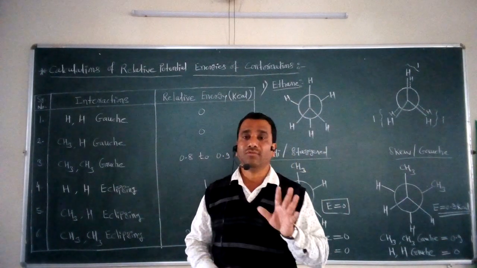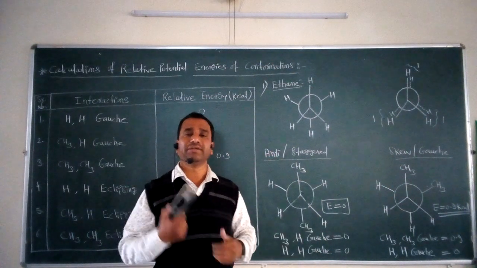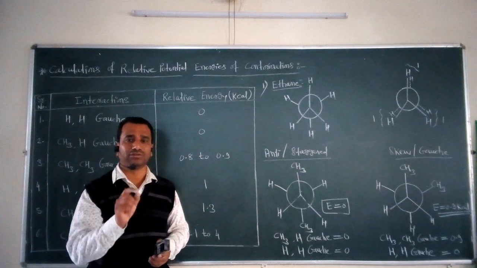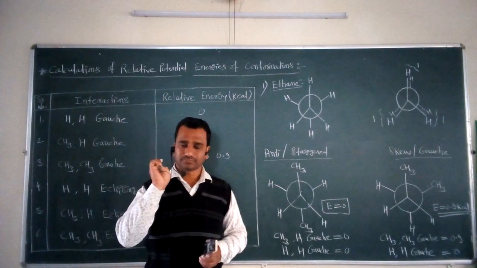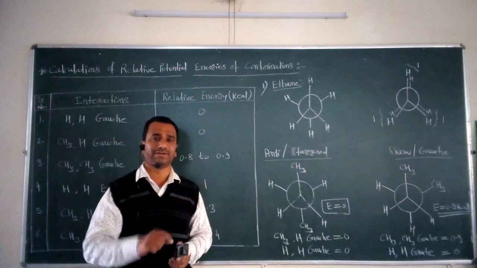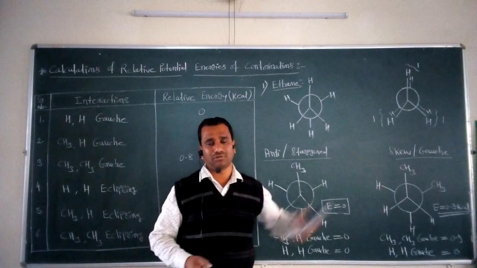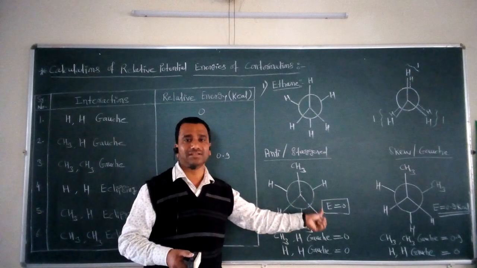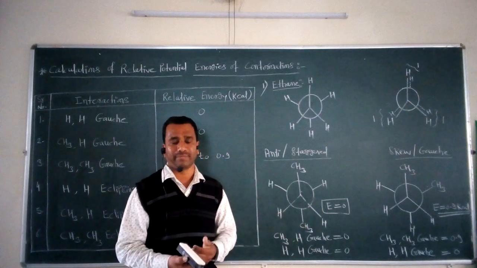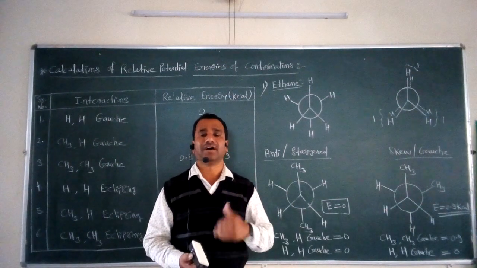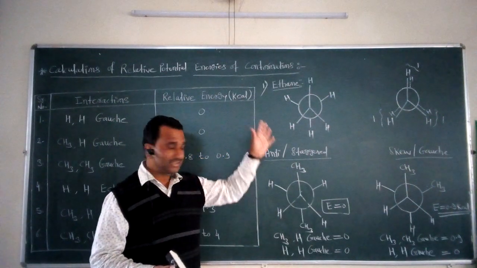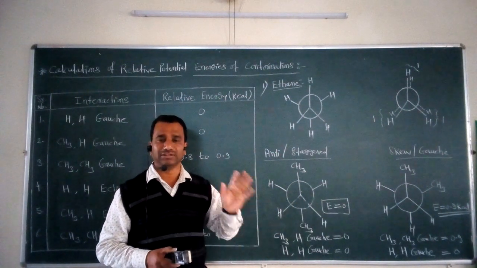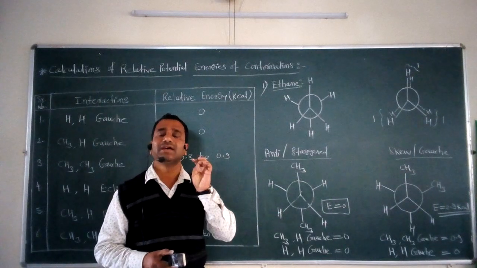This gives the evidence why the anti or staggered conformation for any organic compound is highly stable compared to its skew or gauche conformation or its eclipsed conformation. It is due to the energy contained: the more energy, the more unstable the conformation. So these are the four different conformations and their relative energies, and on that basis we comment upon their stability.